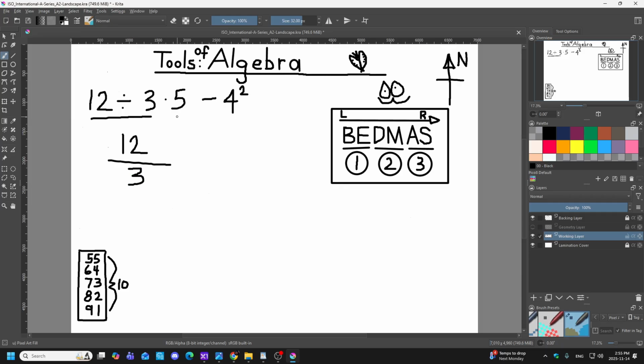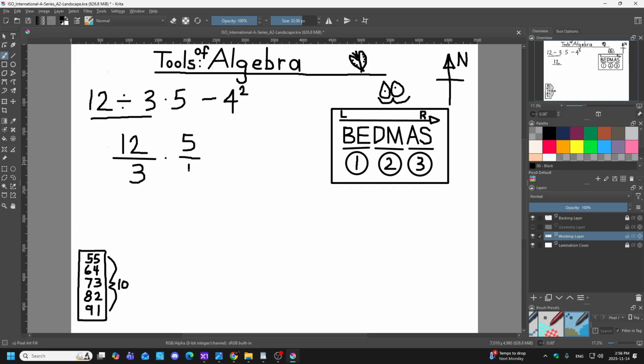And also, this is going to be a numerator, so we're going to be multiplying whatever answer we get afterwards to that. Normally I use the nice little straight line here. 12 divided by 3, let's just keep it simple. And then I'm going to go 5 divided by 1.